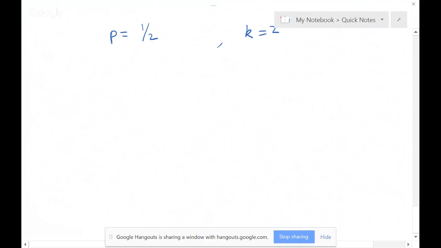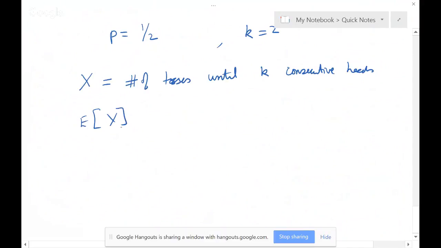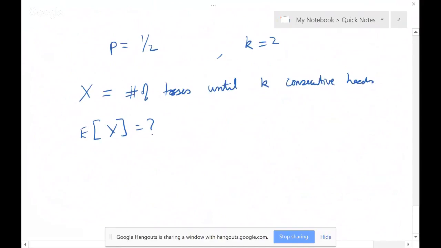I define a random variable x to be the number of tosses until k, in this case equal to 2, consecutive hits. And we want to understand the expectation of x. So this is the simplest form of the question.